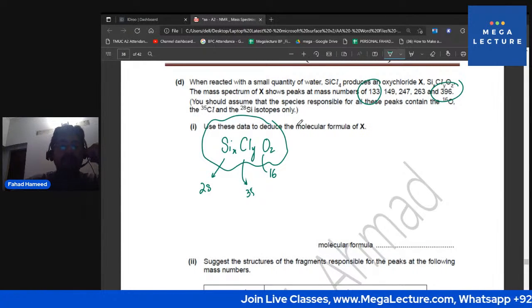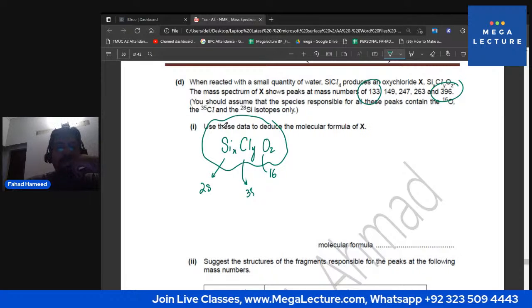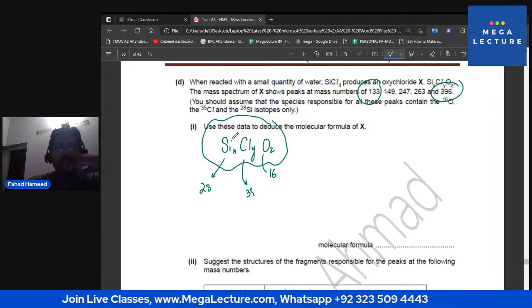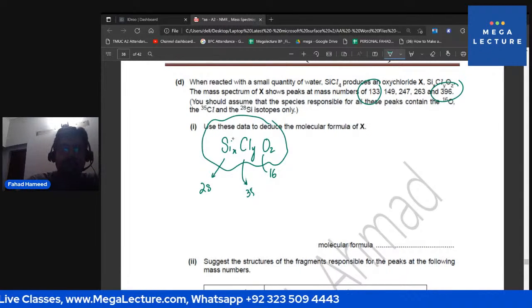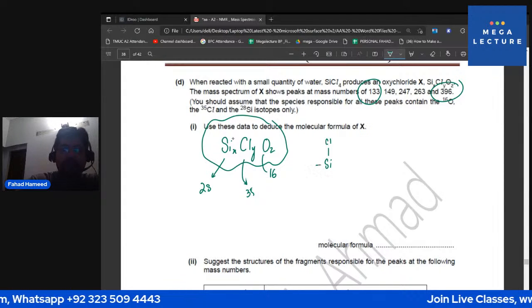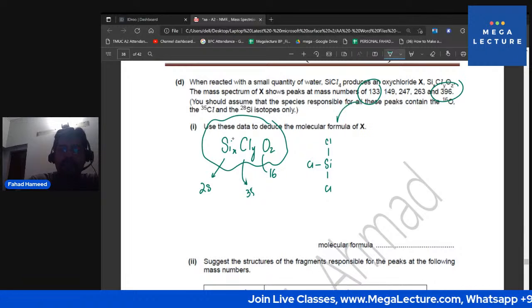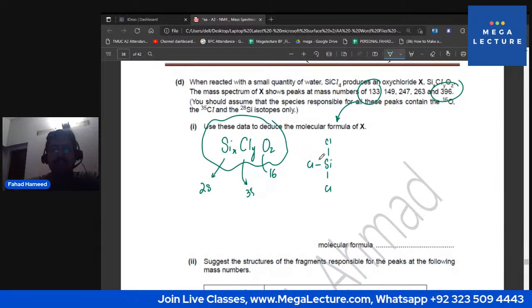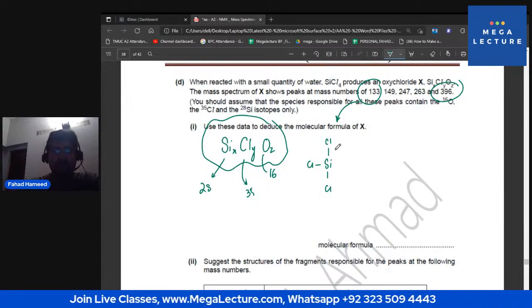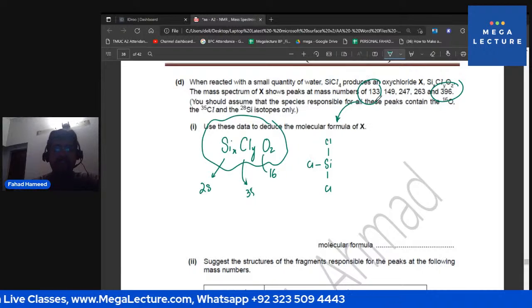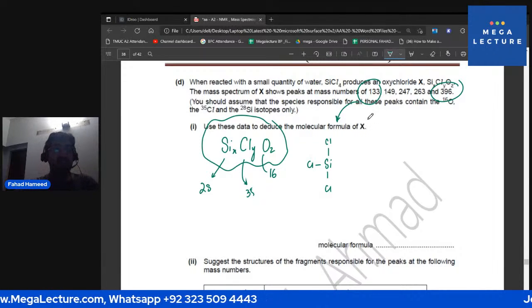So if you just look carefully, it's probably going to be one Si and three Cls. You have to do some trial and error. It's not that easy to figure out what 133 is. I just knew it, that's why I wrote it down.